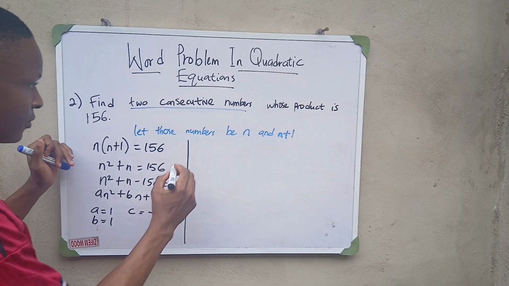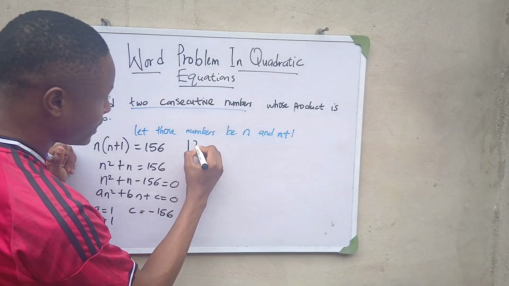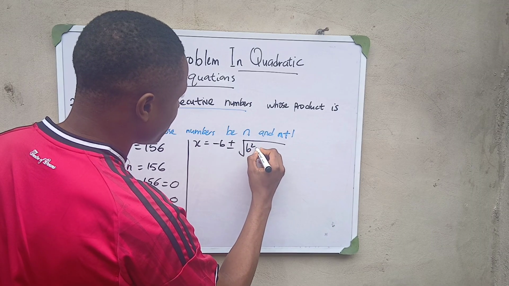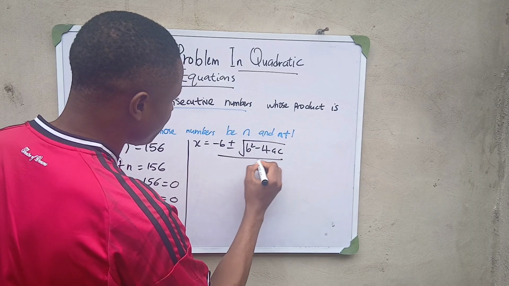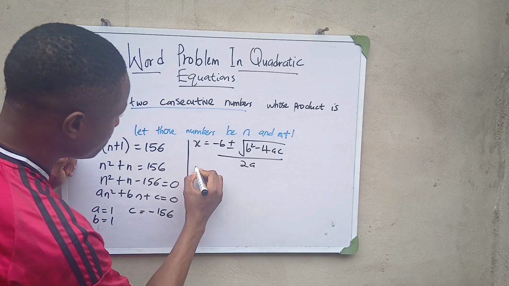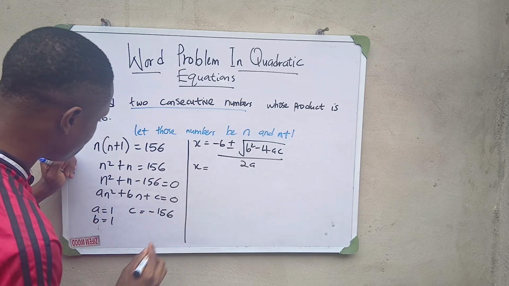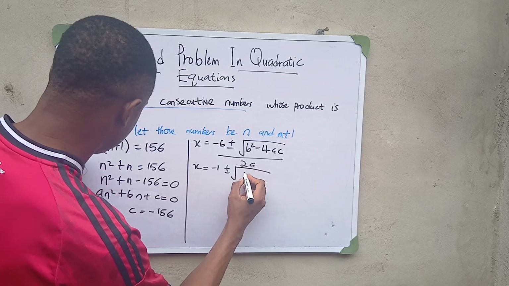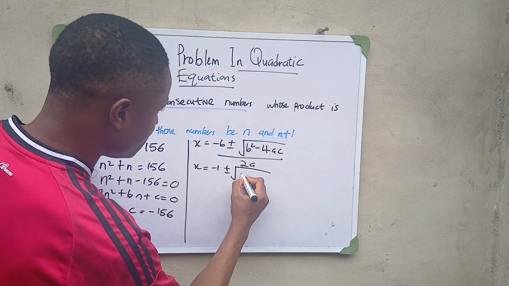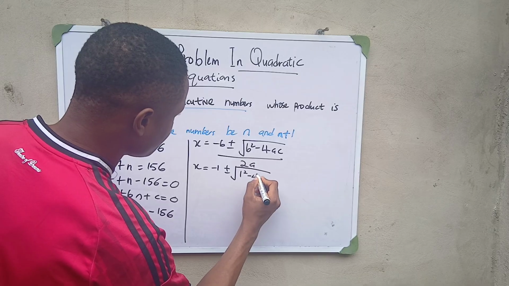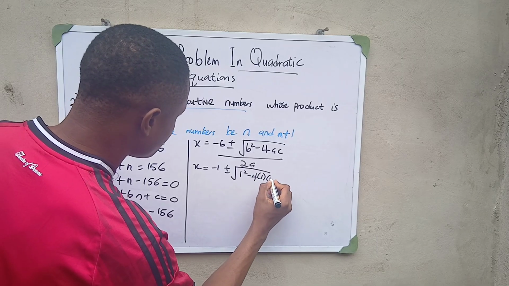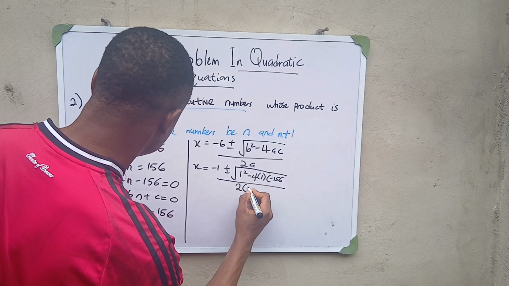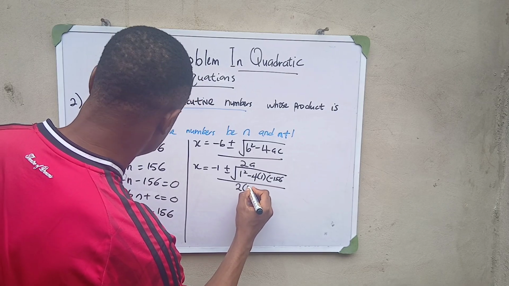So the formula is x is equal to minus b plus or minus square root of b square minus 4ac all over 2a. So x is equal to, b is 1, so we have minus 1 plus or minus square root of b square is 1 square minus 4 into 1 times minus 156 all over 2 into 1.